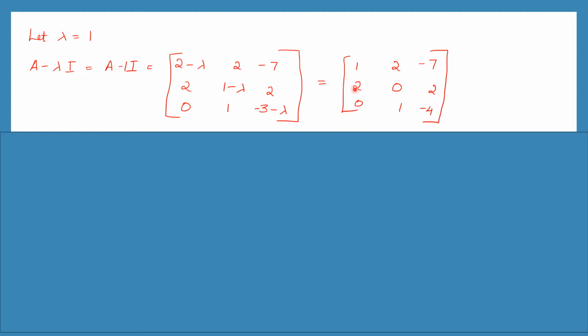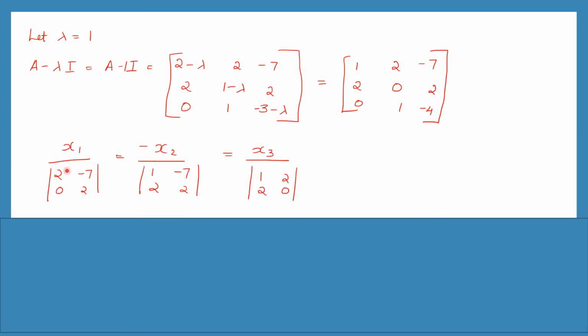We can consider either the first row and second row, or the second row and third row. So I am considering the first and second row. So x1 by, I am cutting the coefficients of x1.